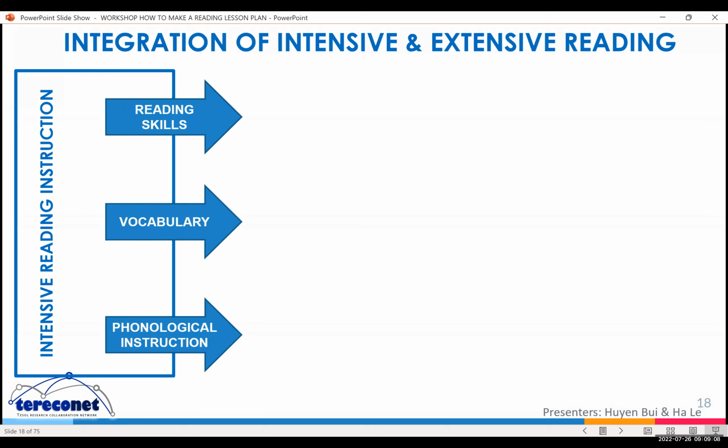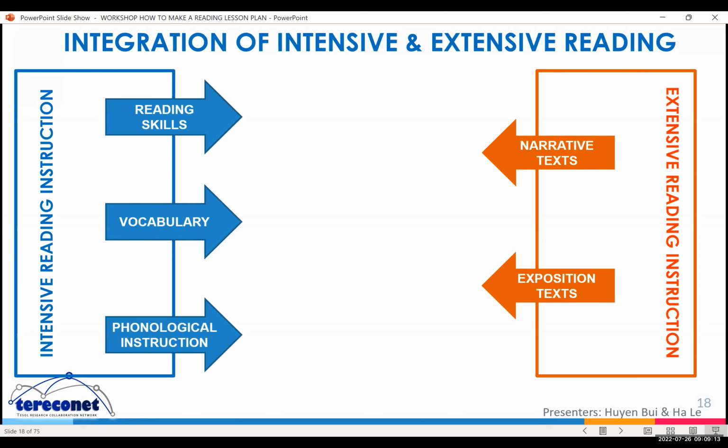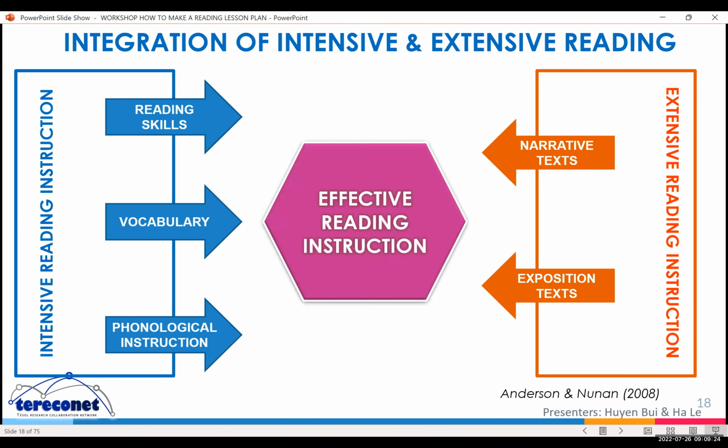Also, we can combine that with homework or projects that ask students to work individually or in groups to have more extensive reading with narrative text or exposition text. Let's wait until the end so that we can discuss more, because Miss Hà will say something else related to extensive reading. Now I have just reviewed intensive and extensive reading.